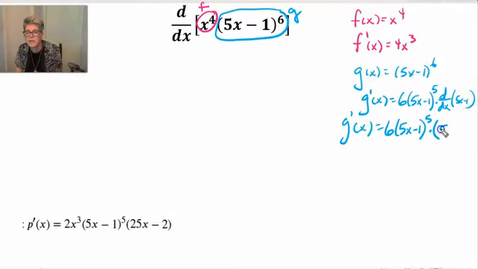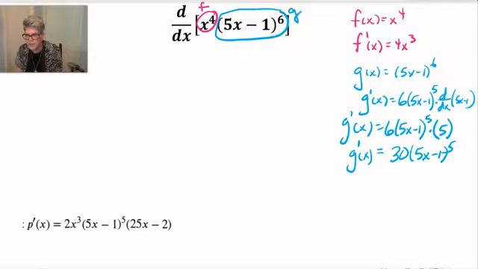Then the derivative of 5x is 5. And of course the derivative of minus 1 is 0. 6 times 5 is 30. Okay, so there's my g prime.